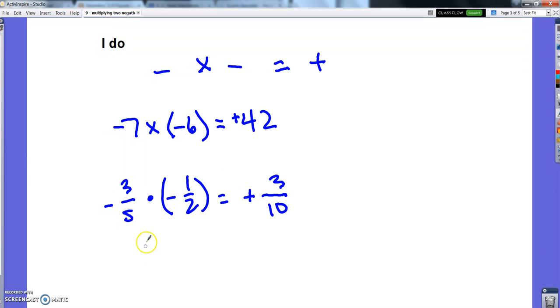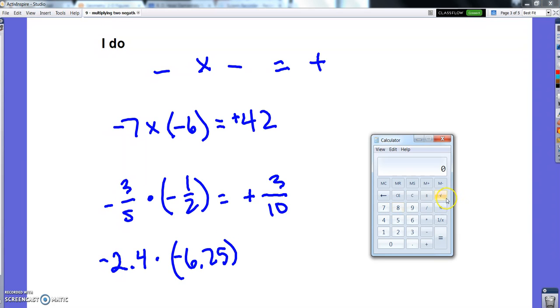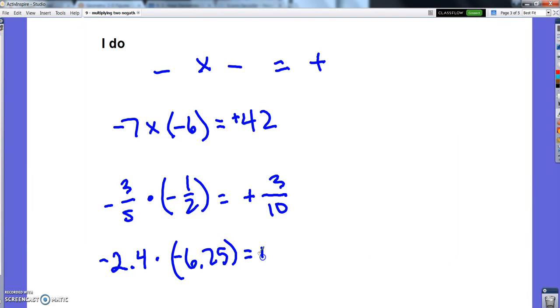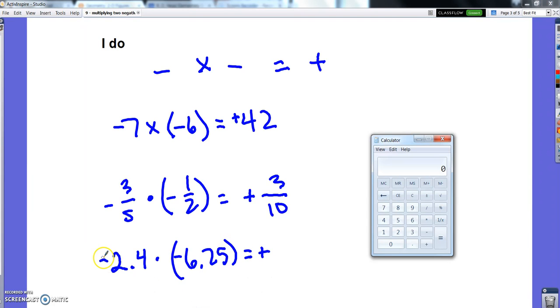And so negative 3/5 times negative 1/2 is positive 3/10. Really is. Decimals too, same deal. 2 and 4/10 times negative 6 and 25/100 is, get my calculator for that. It's going to be a positive number because I'm doing a negative times a negative. And it's that.